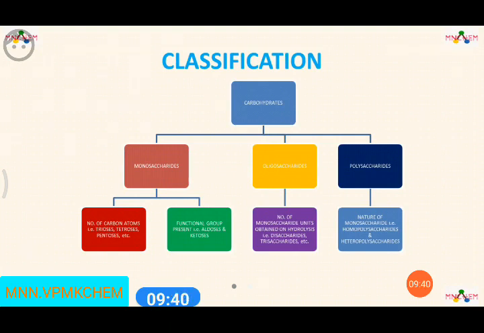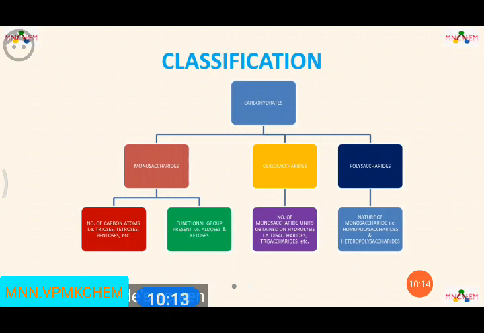The next group of carbohydrates are polysaccharides. These polysaccharides are more complex than oligosaccharides. They are high molecular weight, insoluble in water, and amorphous. When we talk about monosaccharides and oligosaccharides, we said these are crystalline compounds, whereas polysaccharides are amorphous and insoluble in water.